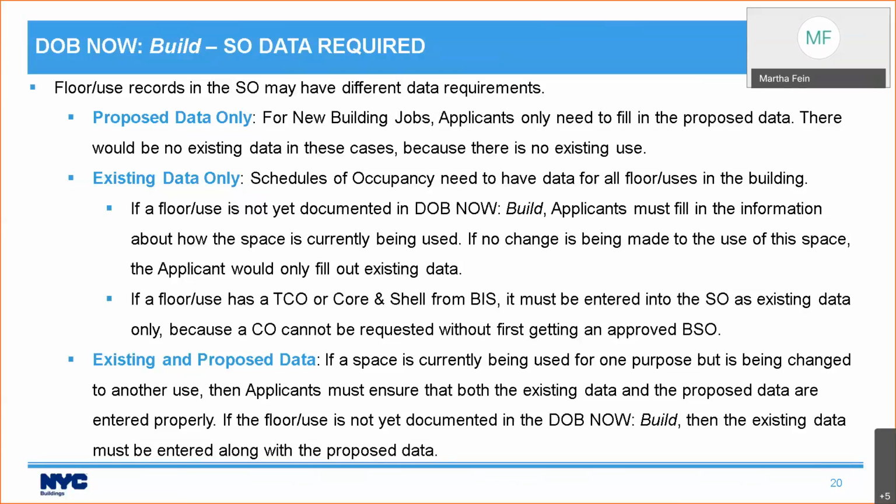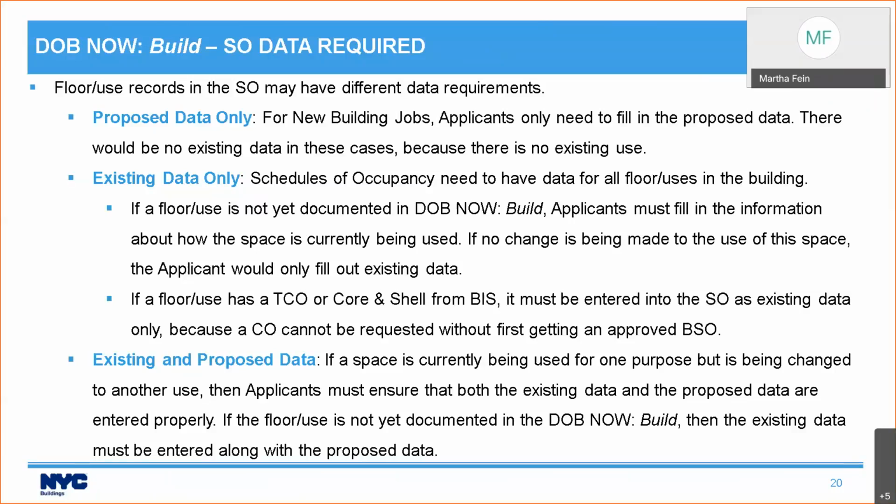The second one is less common, but it is still something that may apply. Let's say you have a building you've been doing work on that currently has a TCO. Now, once this goes live, you're going to need to renew that TCO through DOB Now Build.